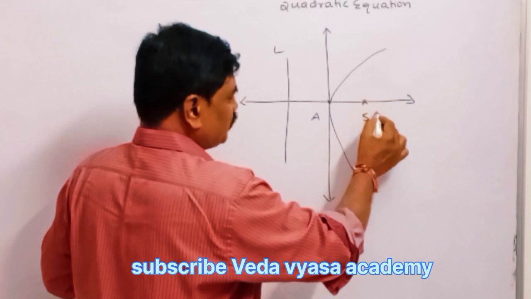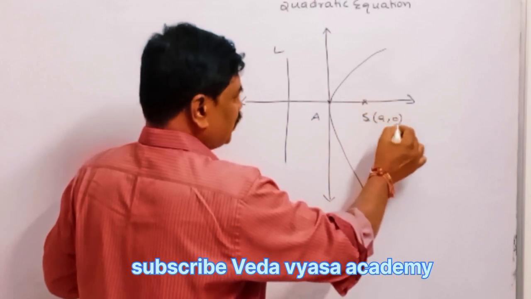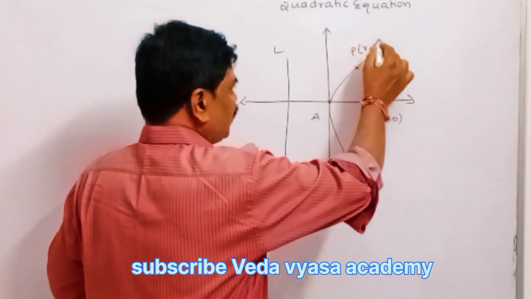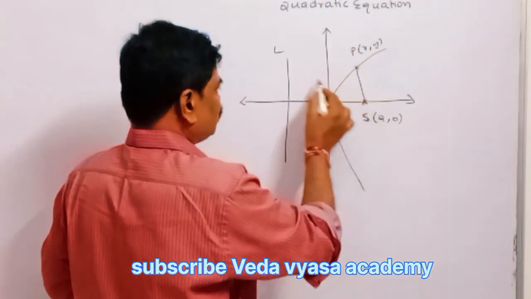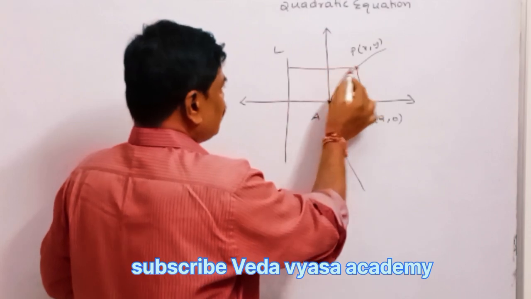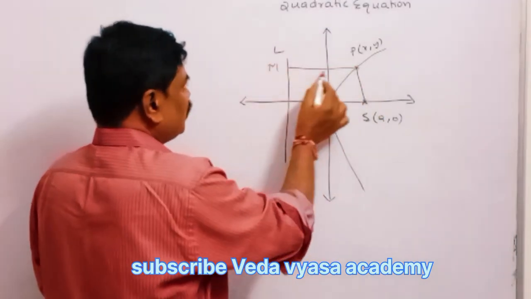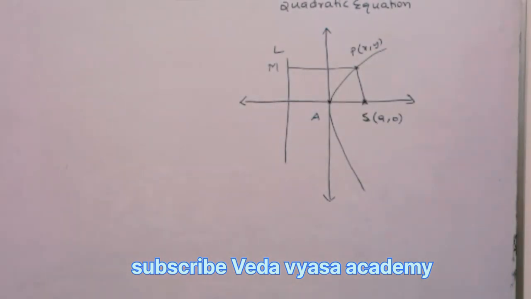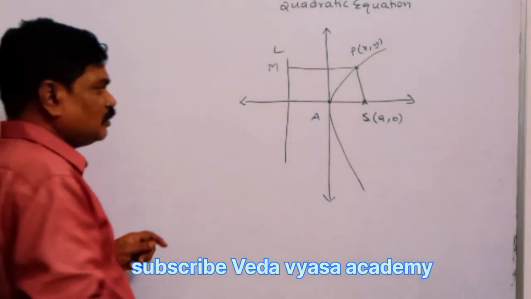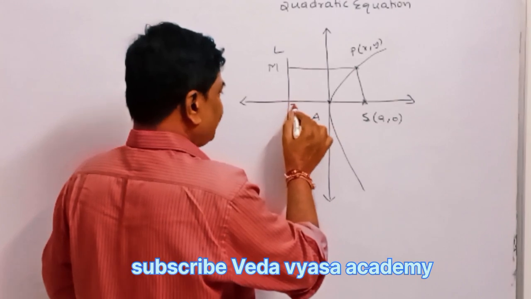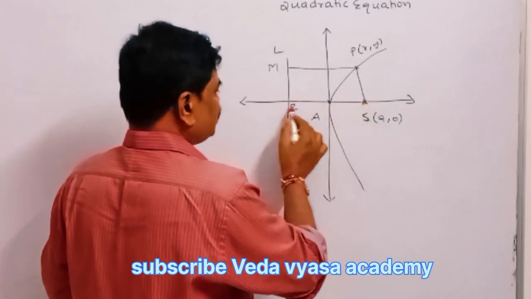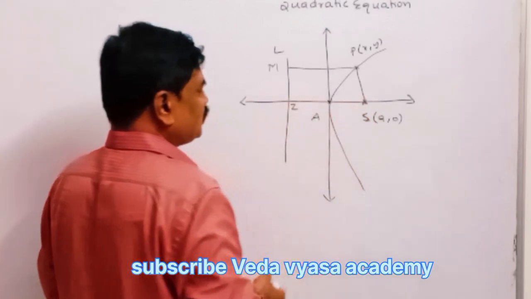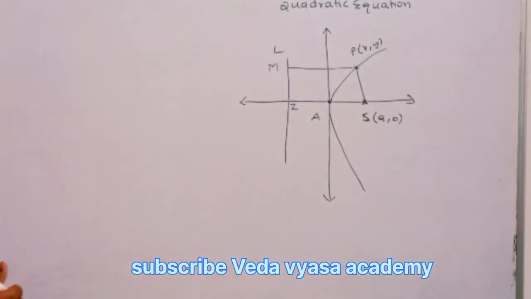This is the fixed point S(a, 0). This is the point P(x, y) on the curve, and this is the perpendicular distance PM. So this is the point Z, SZ, and SA is equal to AZ.